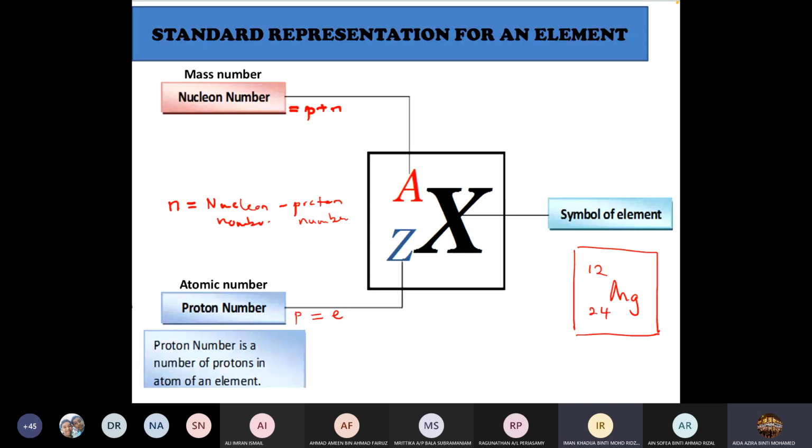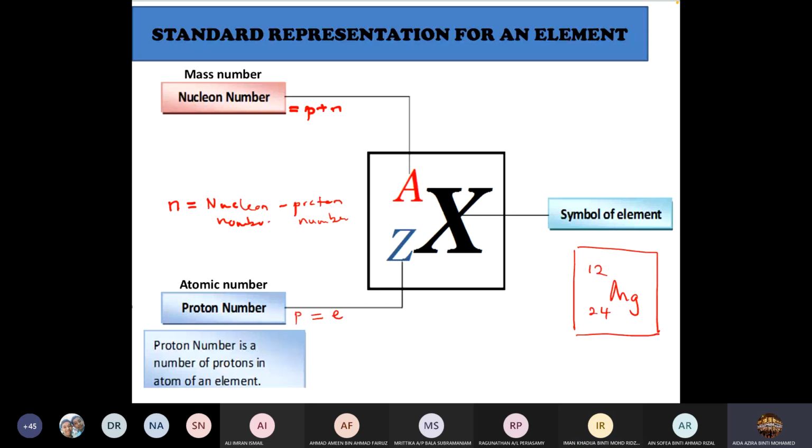What is the nucleon number for magnesium? Is it 12 or 24? 12? Wrong. It is 24. Teacher did it on purpose. It is not necessarily A on top and Z at the bottom.